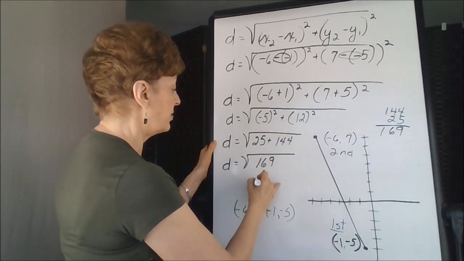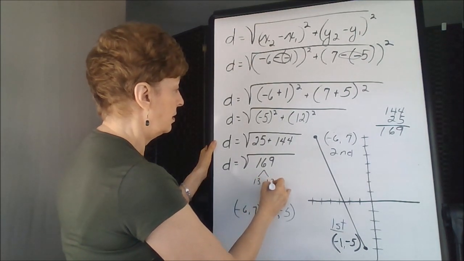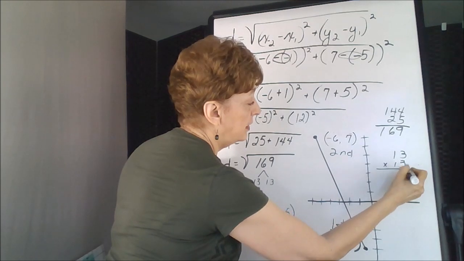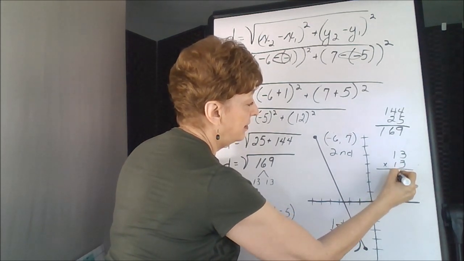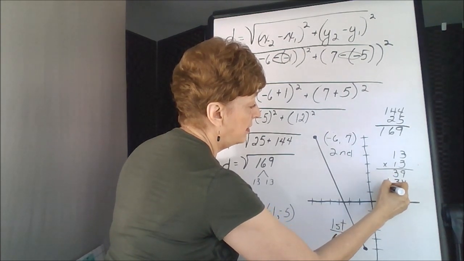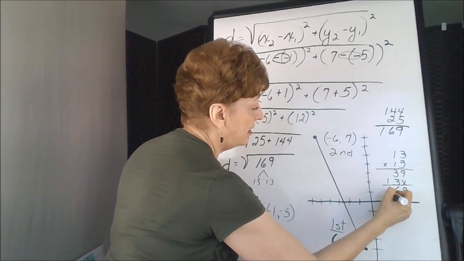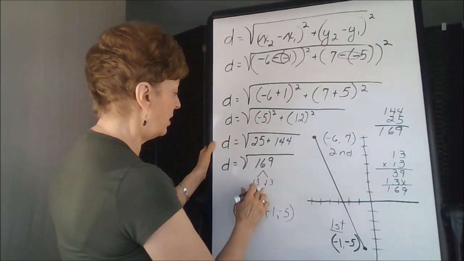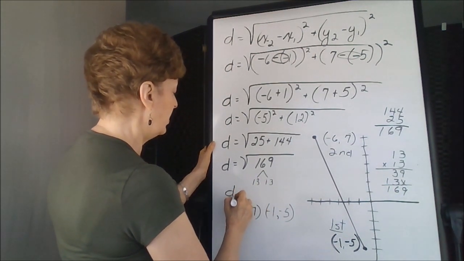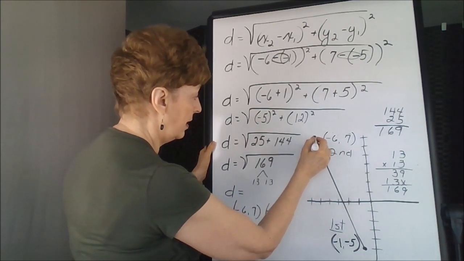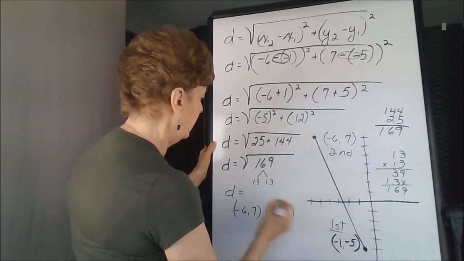You might try a 13. And if you want to check yourself, 3 times 3 is 9, and 3, and then 3 again, and 1. And we have 9, 6, and 1. So 169 is the same as 169, so we know that the distance from point to point is 13.